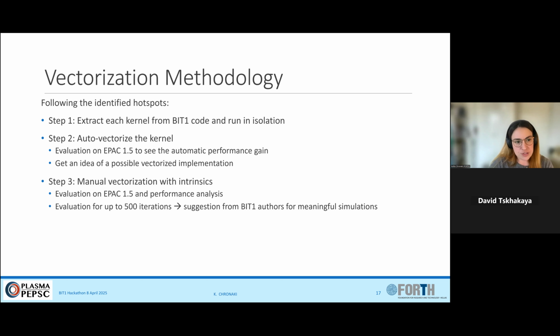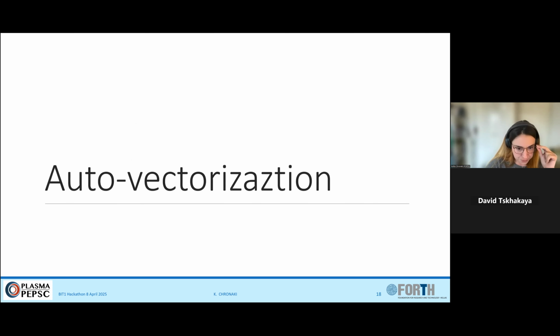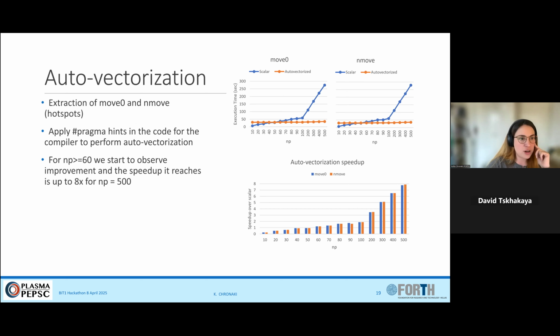Now, after the automatic vectorization that we applied on move0 and then move, we gathered the execution time results on the PIC 1.5. So here we have applied our pragmas, and we have used the compiler asking for auto-vectorization.